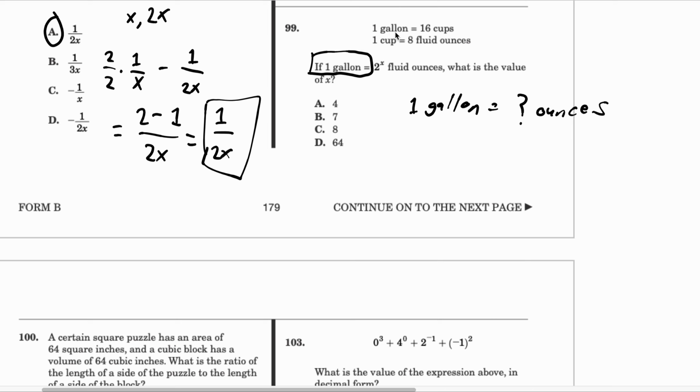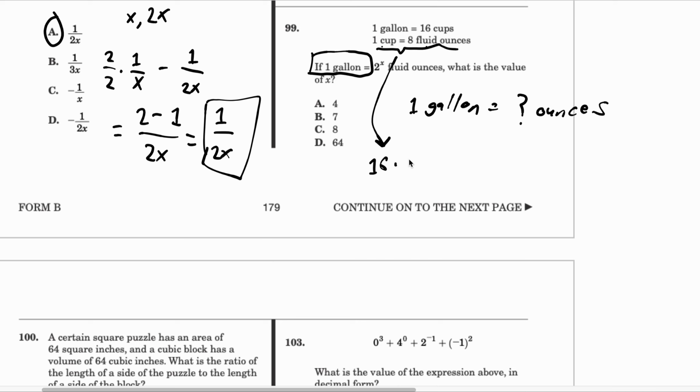So I know that 1 gallon is equal to 16 cups, and I know that 1 cup is equal to some amount of ounces. Instead of 1 cup, I want to know about 16 cups, because if I can get 16 cups equal to some amount of fluid ounces, then I can plug that in as 1 gallon is equal to 16 cups is equal to that amount of fluid ounces. So I'm going to take this second equation and multiply both sides by 16.